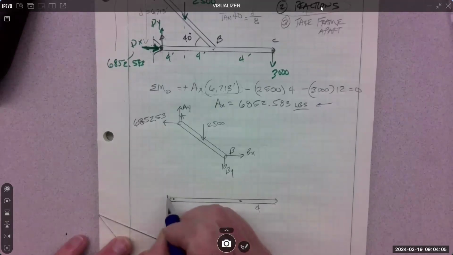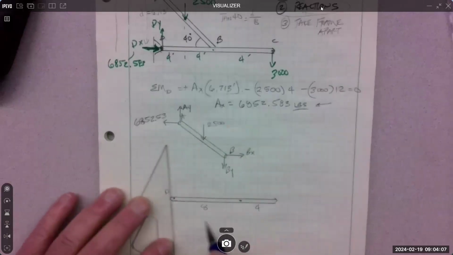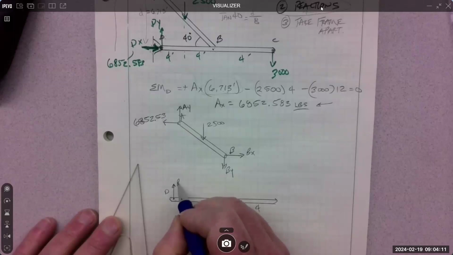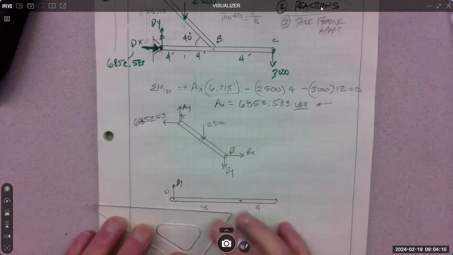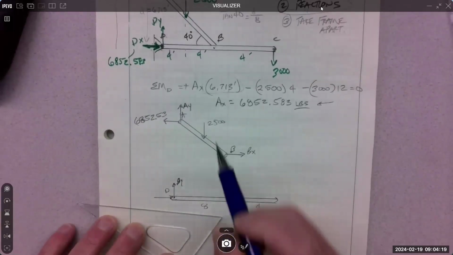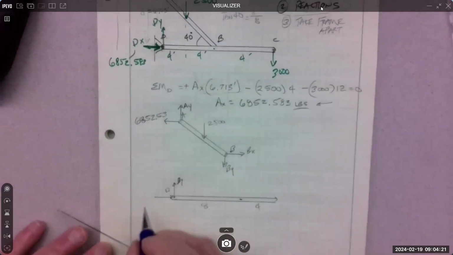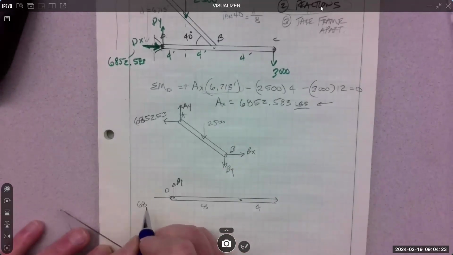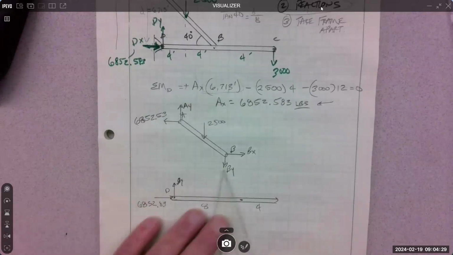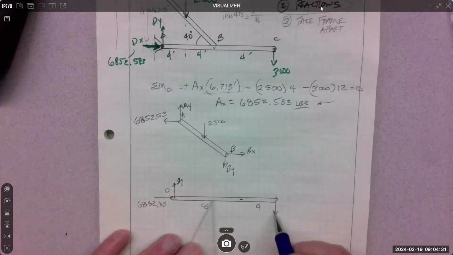And this is point D. So I know I have DY. I don't know which way DY goes, but I'm just putting it in. I know which way DX goes, and it goes into the point from our analysis up here, and it is 6852.83. I know I have this 3,000 out here.